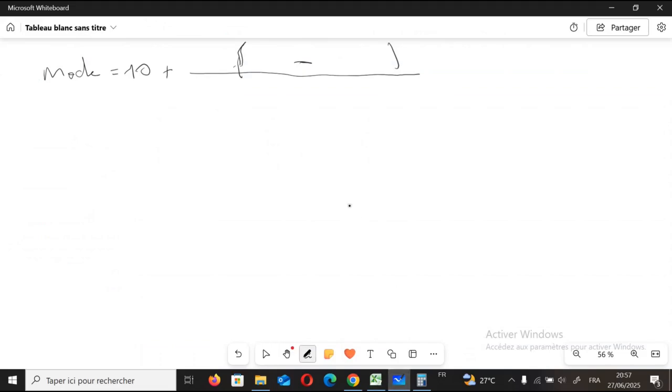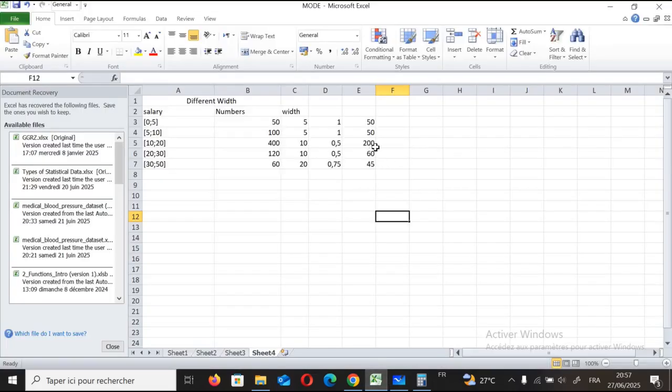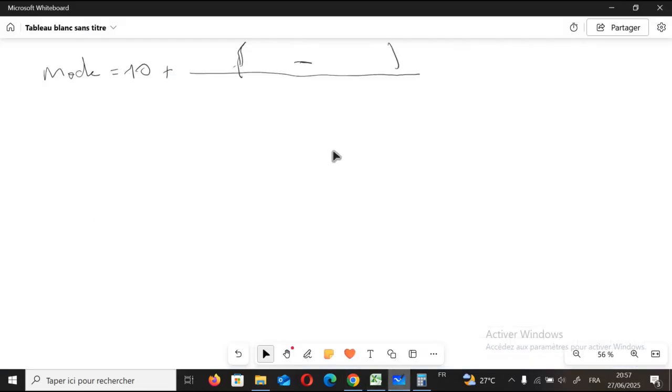So the frequency of the modal class minus the frequency before the modal class, plus the frequency of the modal class minus the frequency after the modal class.